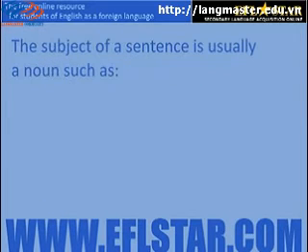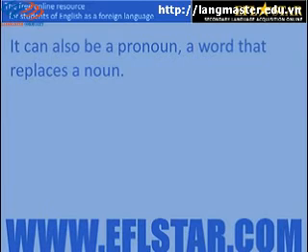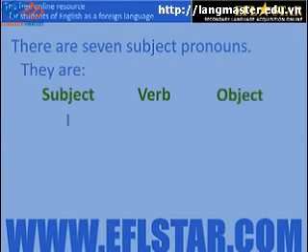The subject of a sentence is usually a noun such as Jack, teacher, monkeys, bananas, game. It can also be a pronoun, a word that replaces a noun. There are 7 subject pronouns. They are: I ran home.